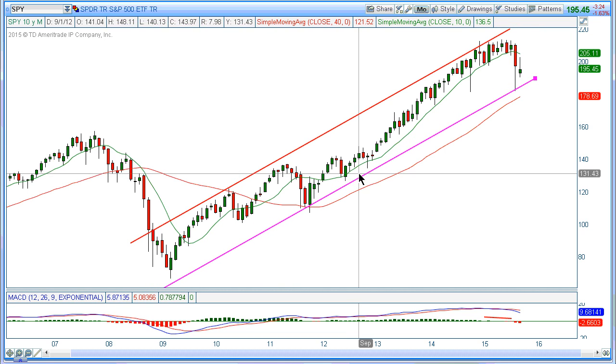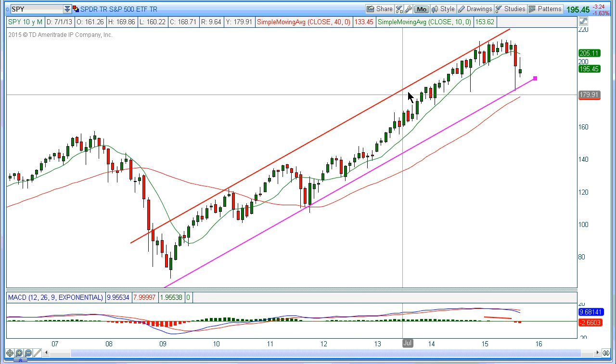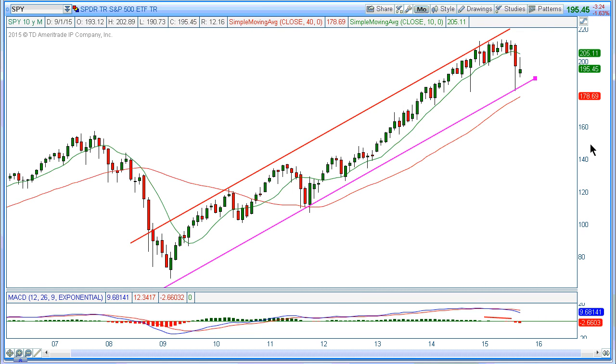So there is still a possibility that it is still trending within this channel, and it could come down and tag this lower boundary of the channel, just like back in 2011, and we get a little bounce back up.